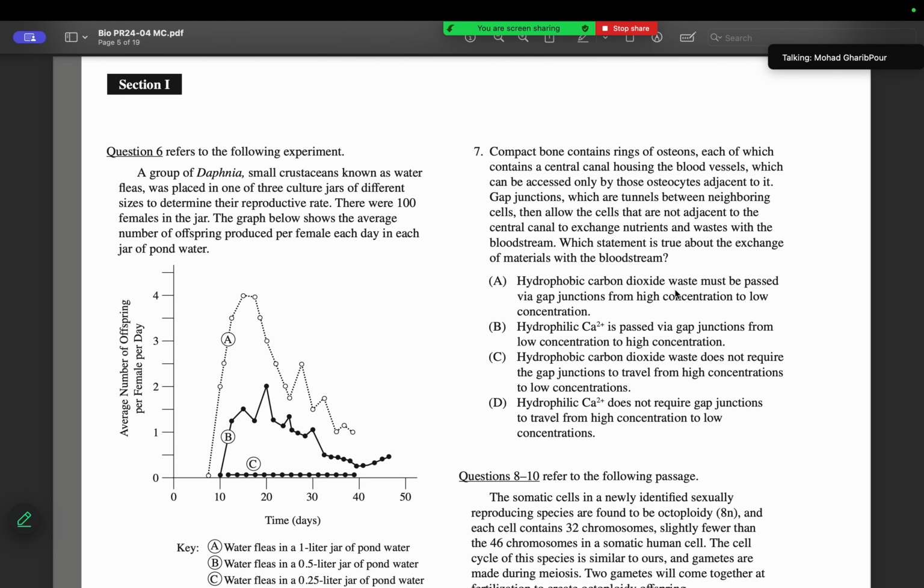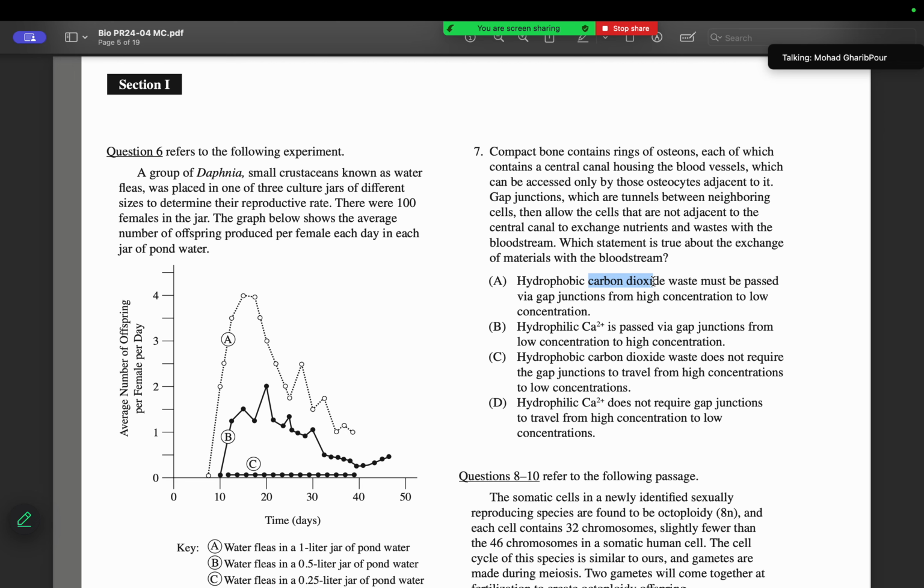Hydrophobic carbon dioxide waste must be passed via gap junctions from high concentration to low concentration. So gap junctions are for things that can't pass through the membrane.